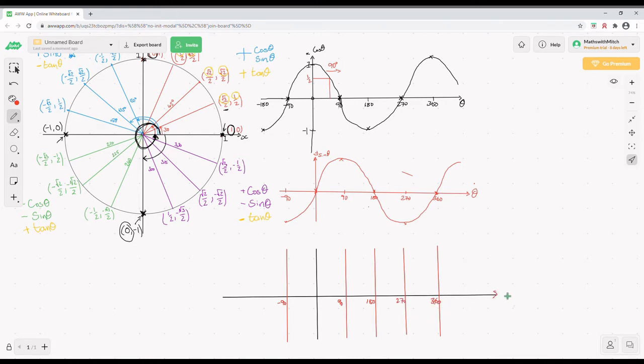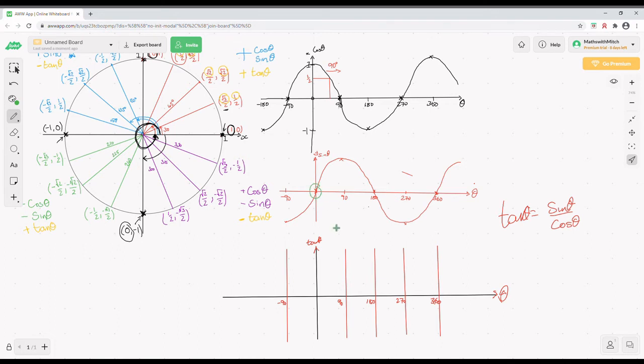Now again, we're going to be looking at angle phi, and we're going to be looking here at the value for tan. Okay, so now we said previously tan equals opposite over adjacent, which is sine over cosine. So we can use that now to think about some of the points. So let's look at 0. So when we're at point 0, we can look at the graphs above.